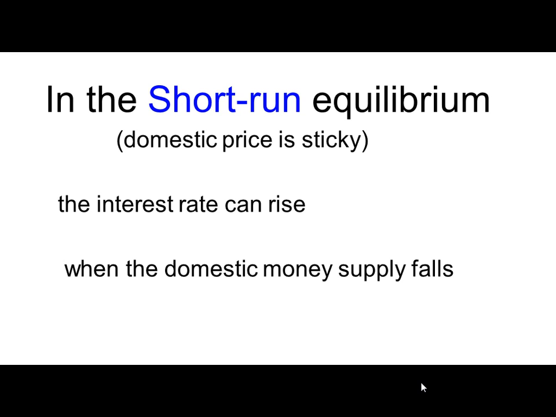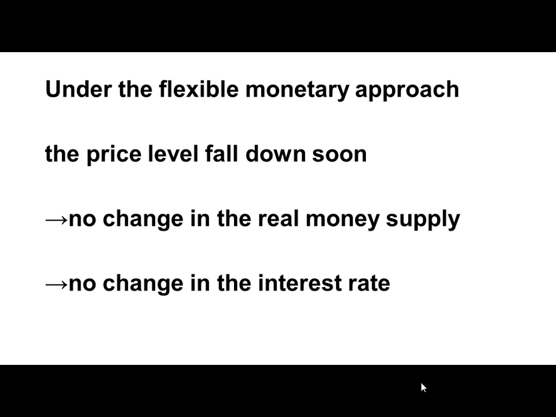Therefore, there will be more demand for real money balances, and the interest rate will rise to adjust. But under the flexible-price monetary approach, when the price level can change, the price level falls instead, so the real money supply and interest rate will not change.